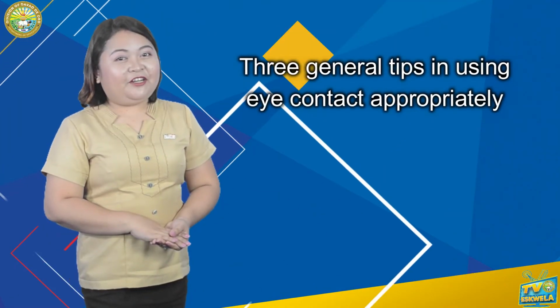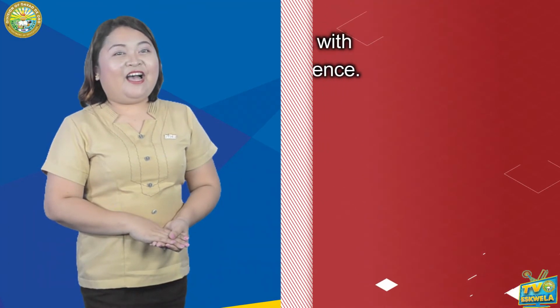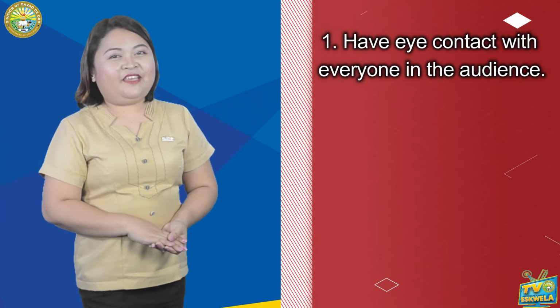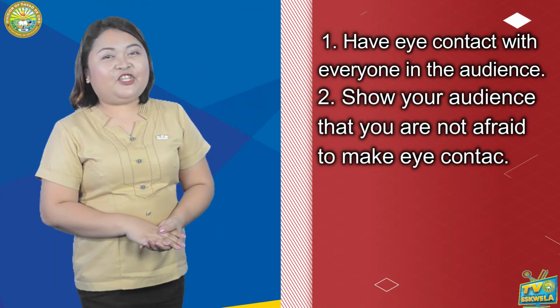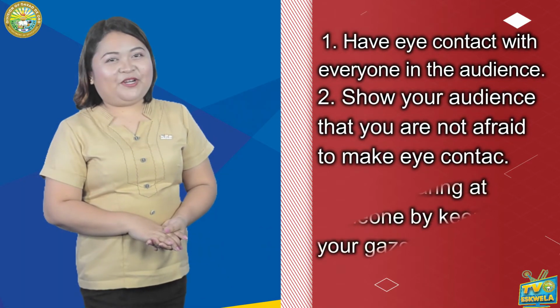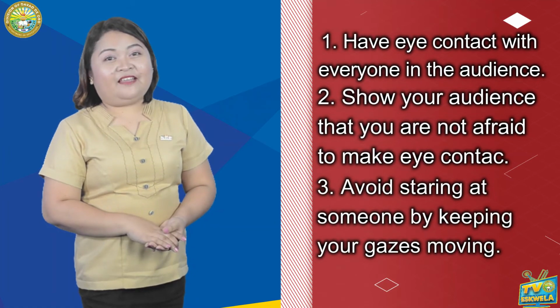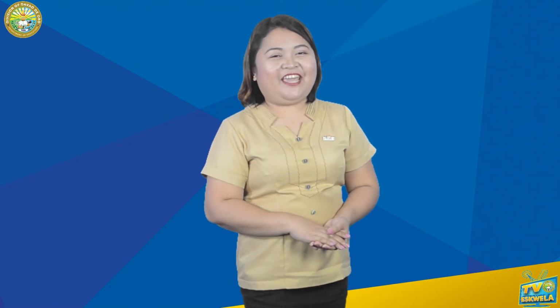There are 3 general tips in using eye contact appropriately. Number 1, have eye contact with everyone in the audience. Number 2, show your audience that you are not afraid to make eye contact. Number 3, avoid staring at someone by keeping your gazes moving. And those are the simple tips of how to use your eyes in oral communication.